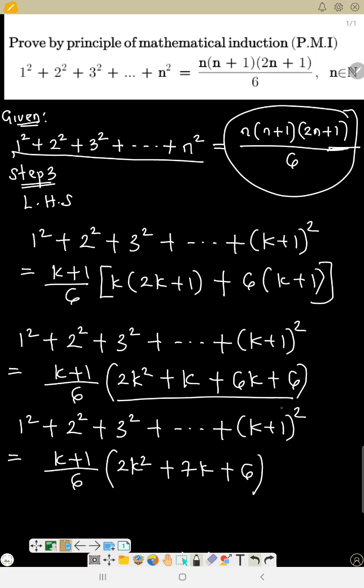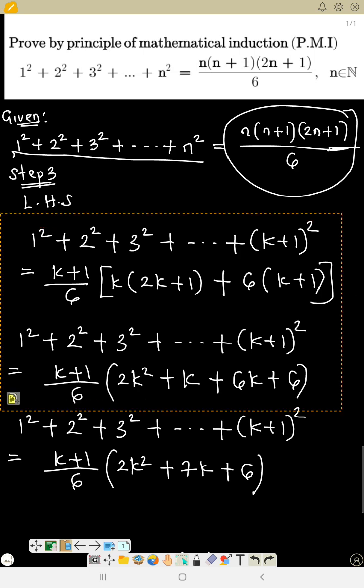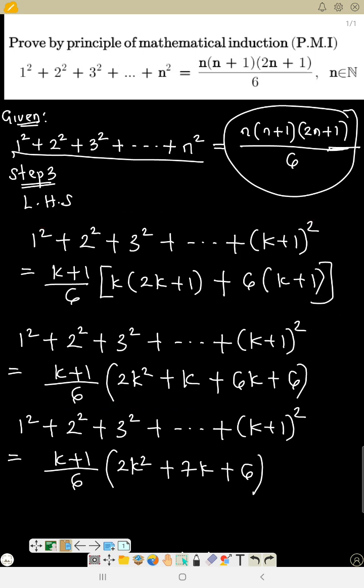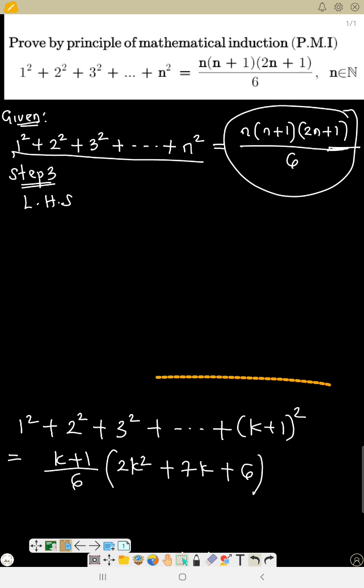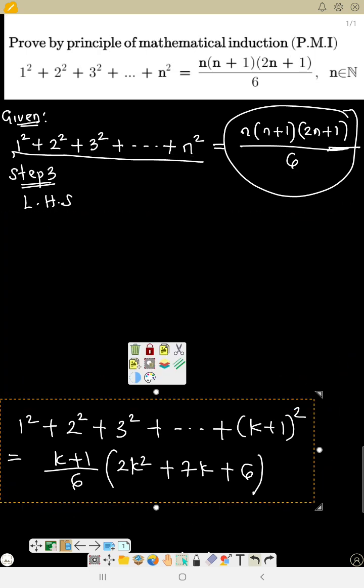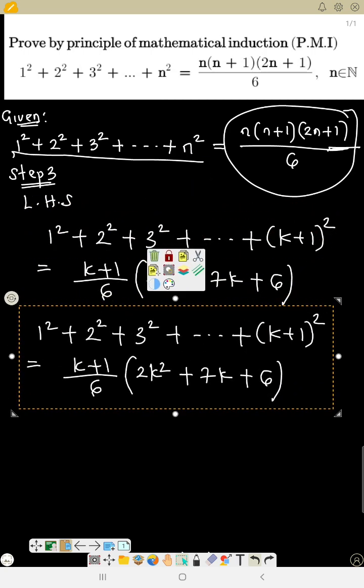So we just add everything here. Now what we have inside is a quadratic equation. Like I said, watch my video on factorization of quadratic equations so you can understand how to factorize better. I've done it in detail, but we are just going to solve. So now the next step, we are going to factorize what we have in the brackets.